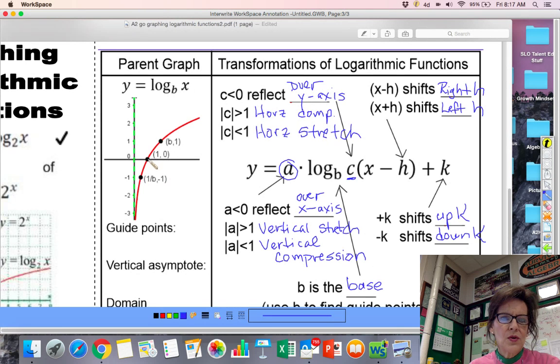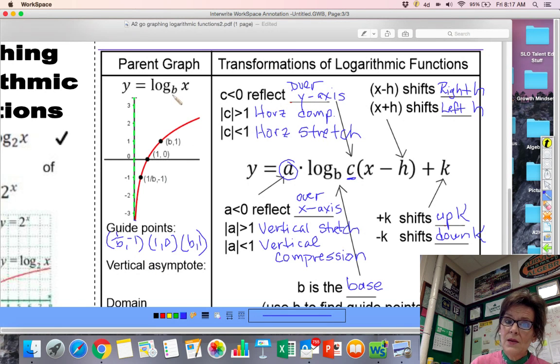Then on the x-axis it goes through 1, 0, and then the point b, 1. These are the 3 guide points that we have for every single log function. And again, the b is the base, which is given to us in the equation.